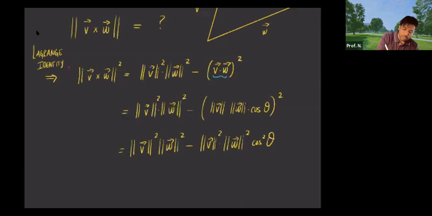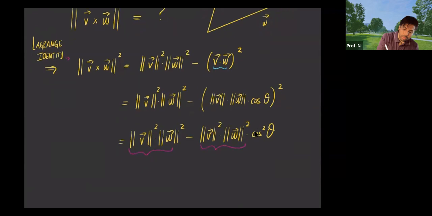But then what do we notice? I have the norm of v squared w squared minus the norm of v squared w squared, but I have this cosine squared attached to the second expression. That's okay, because I can factor out the norm of v squared times the norm of w squared, multiplied by 1 minus cosine squared theta.